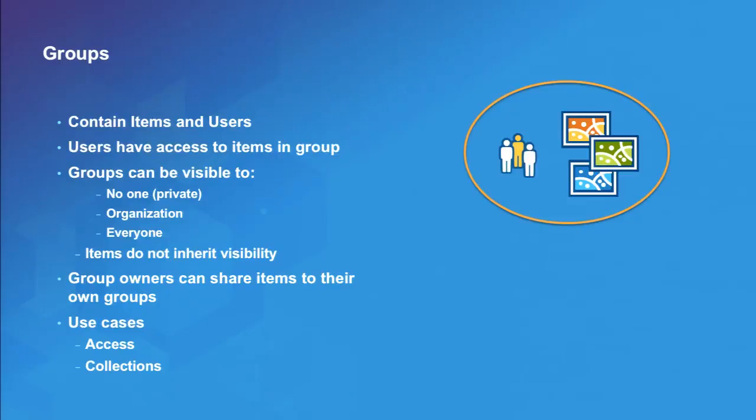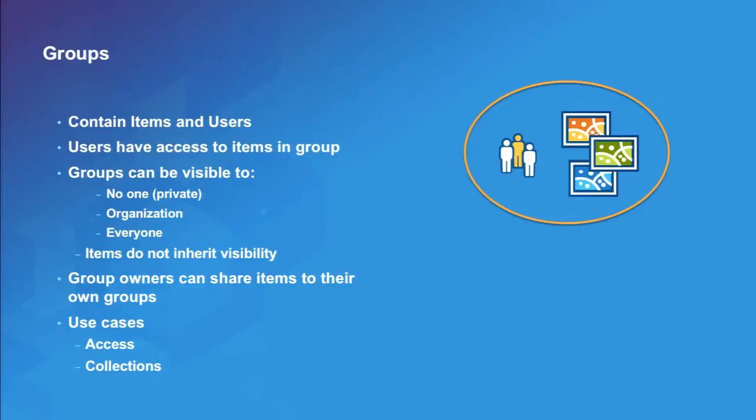Groups also have a visibility, so they can be private, where nobody can see them. They can be shared to the organization, so the organization can see them, and they can be shared out to everyone, so anyone can see them. But that setting doesn't necessarily translate to the items within the group.